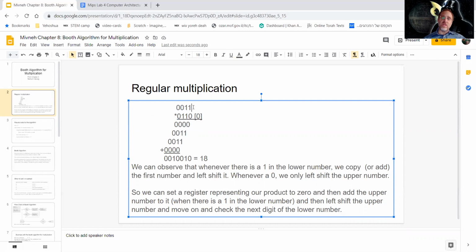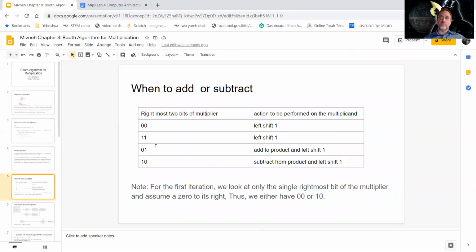In other words, 0 minus, I think it was this. And now we're going to add to that this number, but with several zeros because we shifted it a couple times. So basically that's it. We just keep on progressing through these bits and looking at the pairs and doing whatever it says in this table, and miraculously we get the right answer.